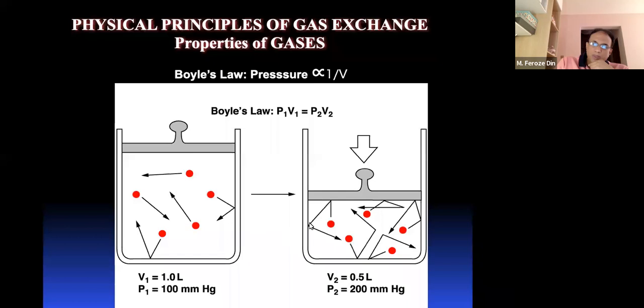Conversely, if the volume increases, the pressure falls. So there's an inverse relationship between pressure and volume. This is very important in ventilation, as we shall see in due course. Again, Boyle's name is not important. The law is important, that pressure and volume are inversely proportional.